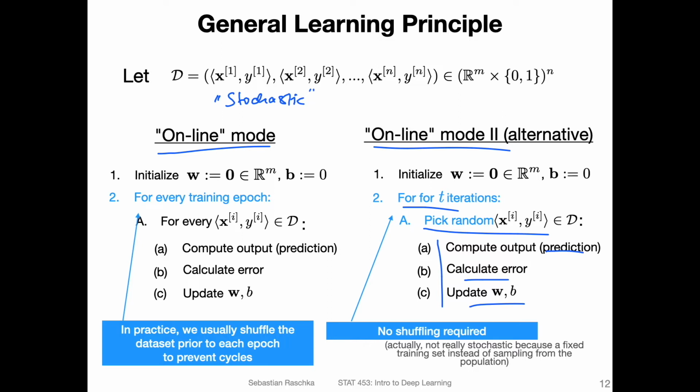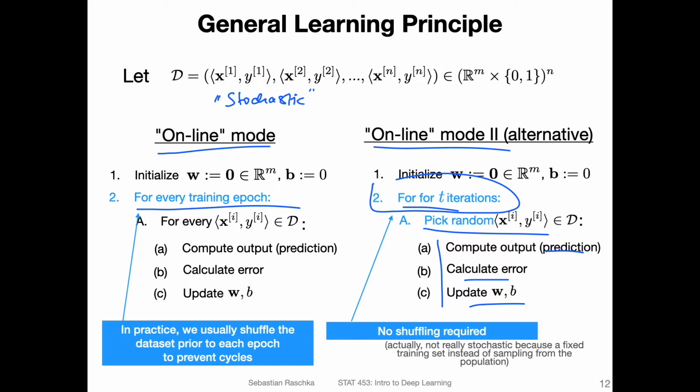The difference also is that on the left-hand side, you guarantee that each data point is used exactly once in each round, whereas on the right-hand side, a data point can be used multiple times. So, for example, if you have a data set of size n, and you have n iterations, it can be that some data points are used multiple times, whereas certain other data points are not used at all.